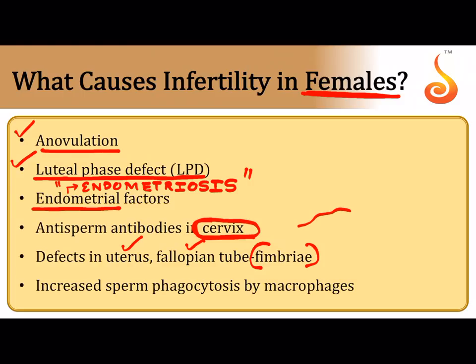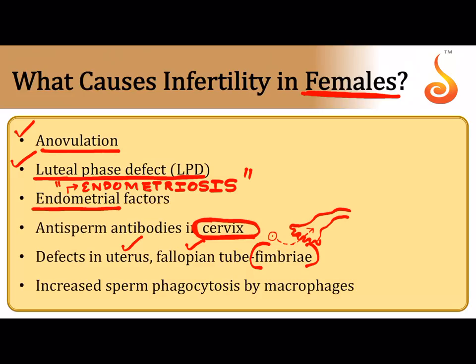Imagine there is a funnel-like structure. You all know the funnel is called infundibulum, and it is thrown into finger-like structures called fimbriae, which are responsible for uptake of the secondary oocyte from the pelvic cavity after it reaches out from the ovary into the fallopian tube. So if there is something wrong with the fimbriae, then there is no uptake of the egg, which can be a cause for infertility.